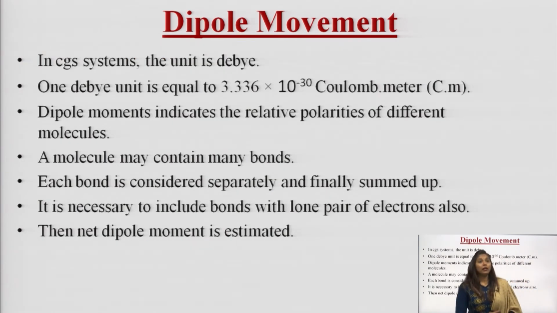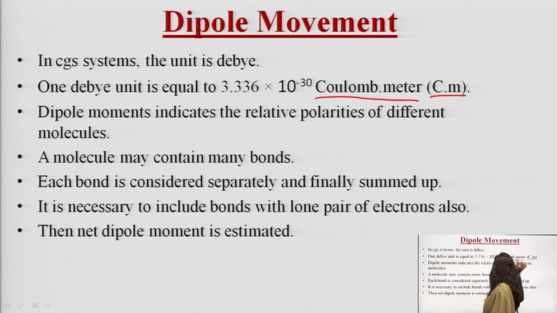So, in our CGS system the unit is debye. Okay, 1 debye unit is equal to 3.336 into 10 to the power minus 30 coulomb meter, that is C·m. Okay, that C·m is coulomb meter.